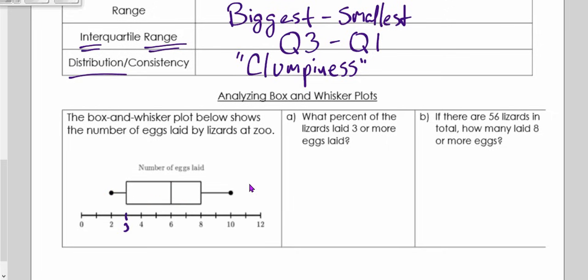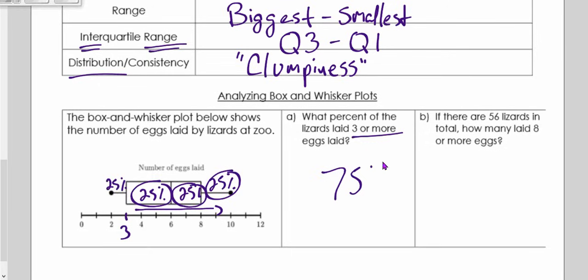So we're looking at what percent laid 3 or more. Well, we know that each of these sections is 25%. That's 25, that's 25, that's 25, and that's 25. So 3 or more would be anyone in this section or this section, which is 75% of the lizards in this data set.